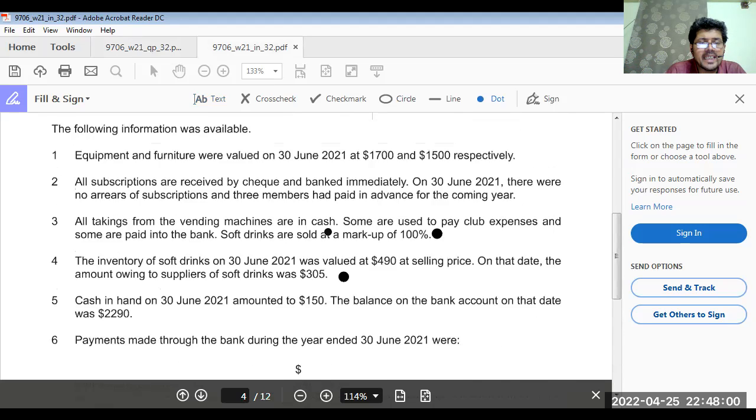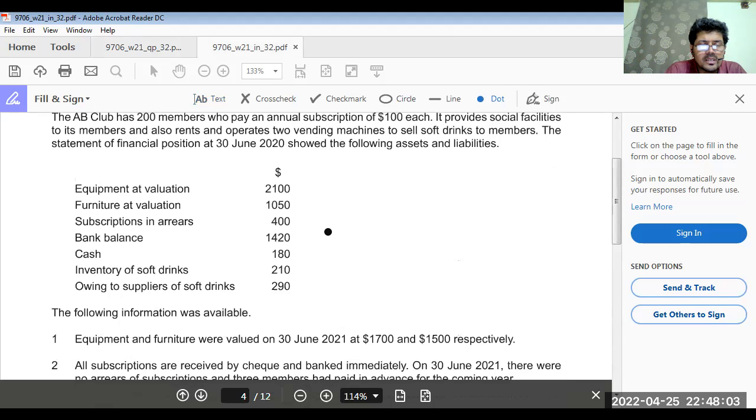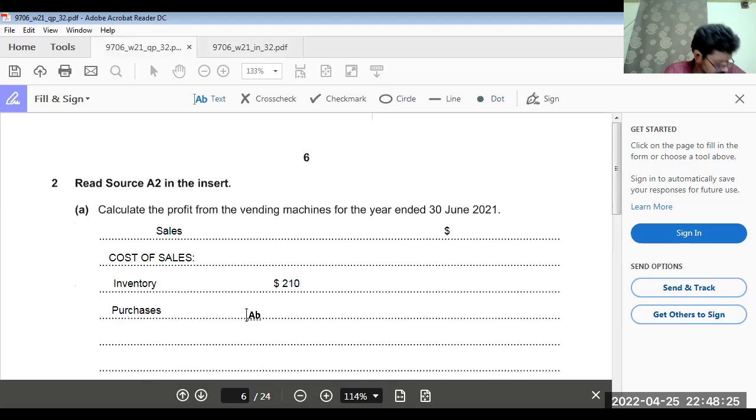Next, owing to suppliers at the start of the year, we are going to deduct 290. 12,615 is the amount of total purchases. Are you getting my point clear?